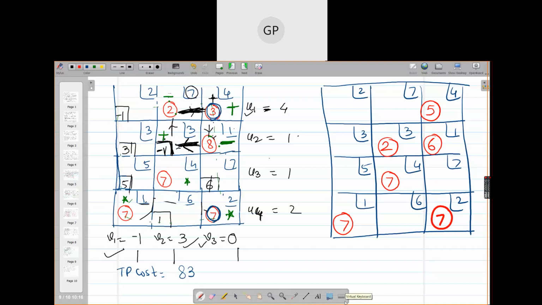So this cell has become occupied and the cell above it has become unoccupied. Okay. So what happens here? Tell me, from where you have taken out 2 units, what is the cost of transportation there? 7 rupees. So how much amount is reduced? 7 into 2, 14 rupees is reduced, right?